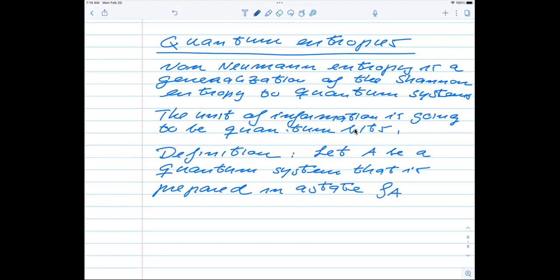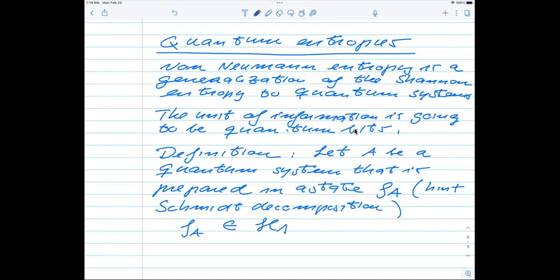As we discussed earlier, this state is due to the Schmidt decomposition, so just a reminder, this goes back to the Schmidt decomposition. We have defined this state, which is a member of the Hilbert space A, so it belongs to this specific Hilbert space.